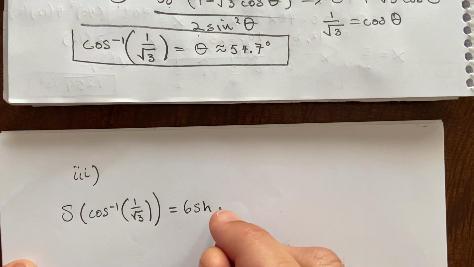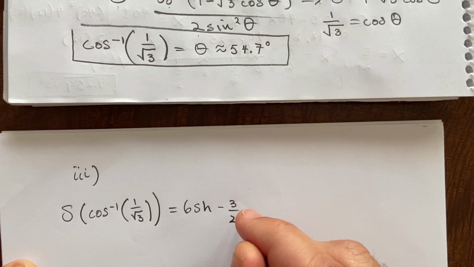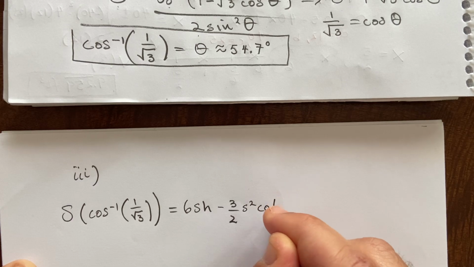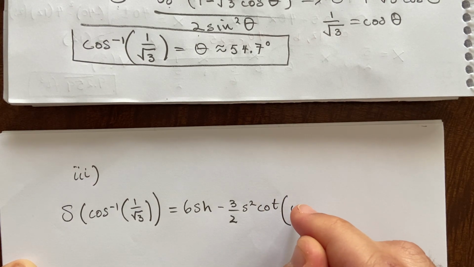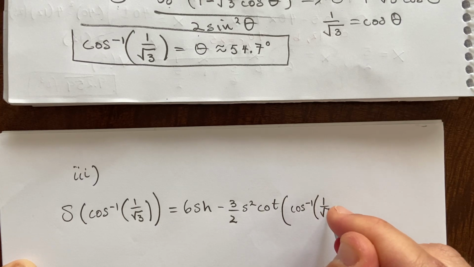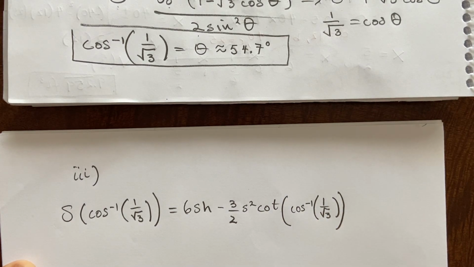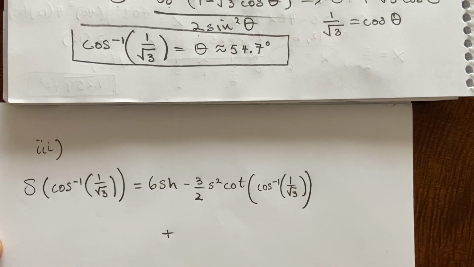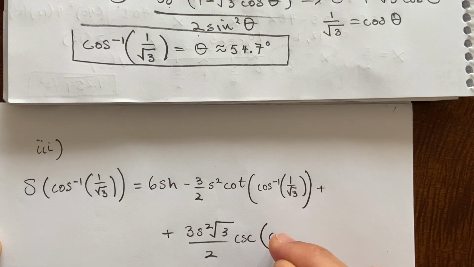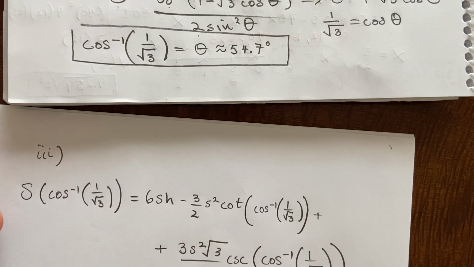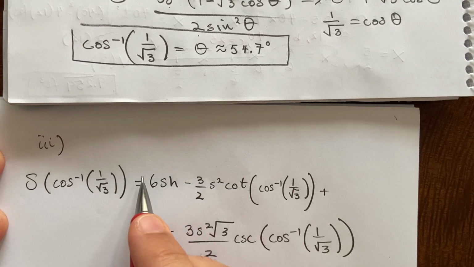So 6SH minus 3 halves times S squared times the cotangent of inverse cosine 1 over root 3, plus, I'm running out of room, 3S squared root 3 over 2 times the cosecant of inverse cosine of 1 over root 3. So this would be it in terms of S and H.